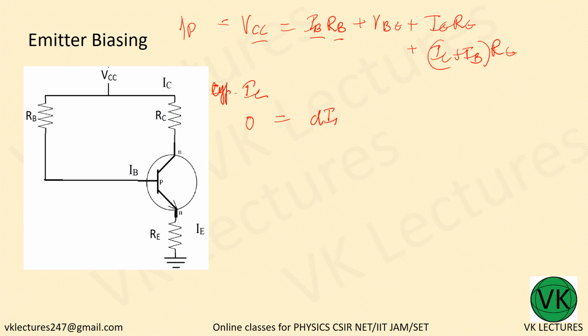So DIB divided by DIC into RB plus VB, that quantity will be again 0 plus DIB by DIC plus 1 into RE. With respect to IC we are differentiating.